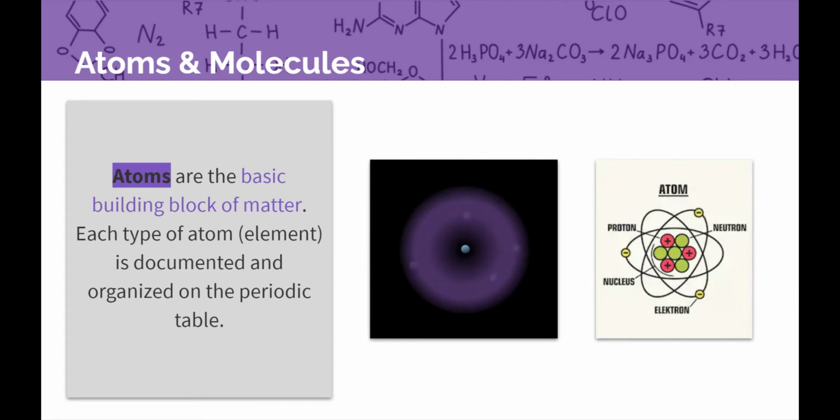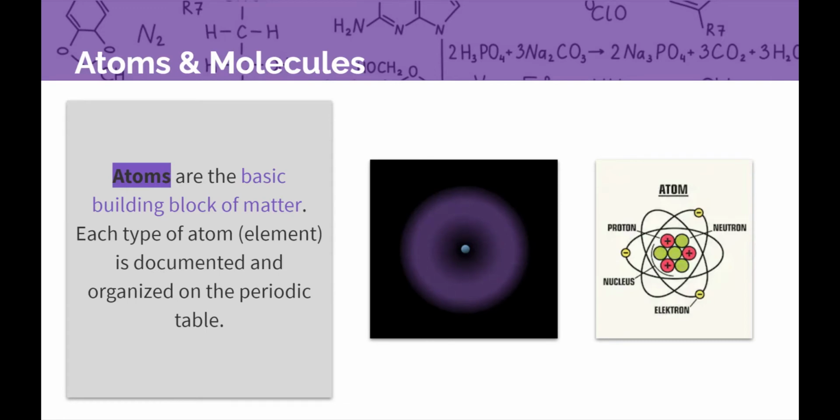Here are a couple examples of atoms. The image on the left is a more accurate representation of what we think an atom probably looks like. It's definitely not perfect, but it's pretty close. On the right side, we have a diagram that shows the parts of an atom.